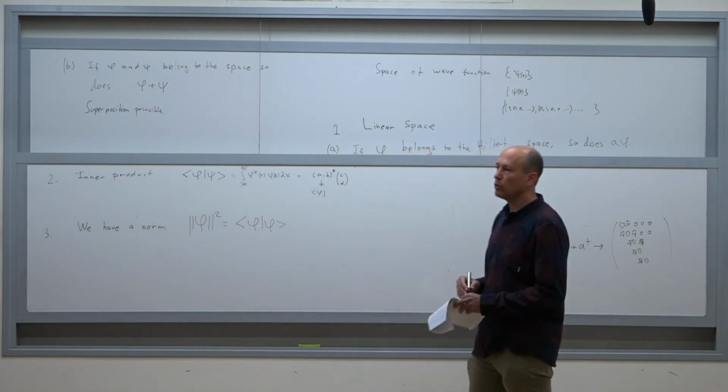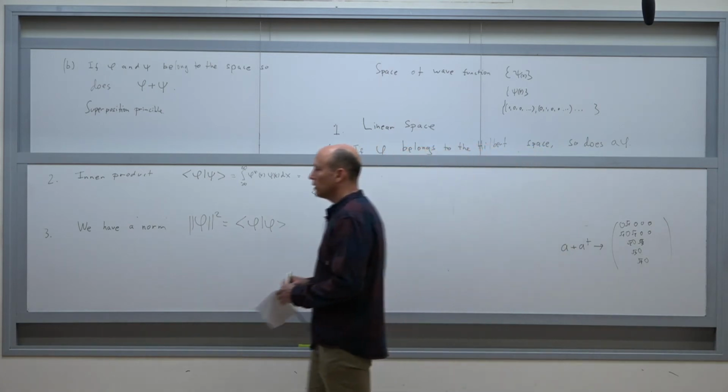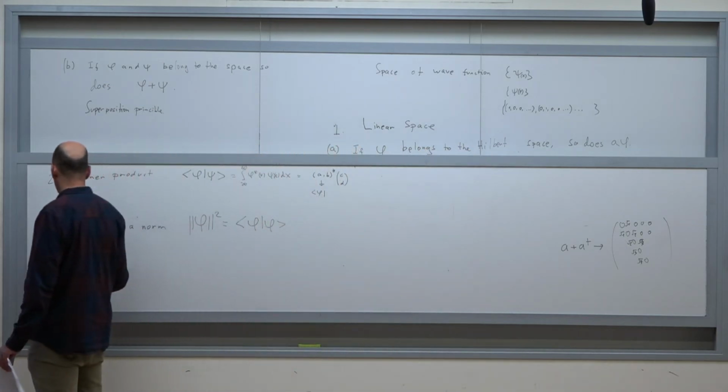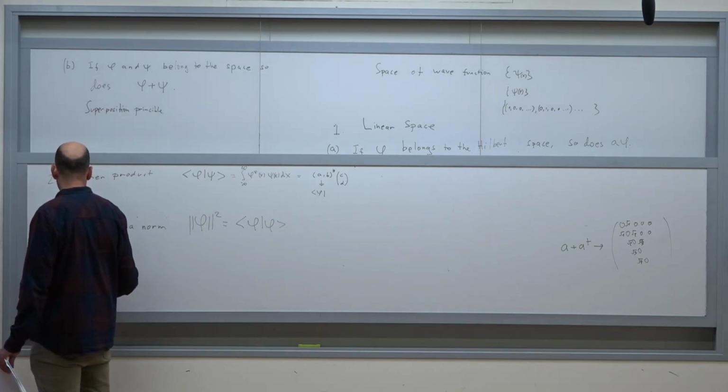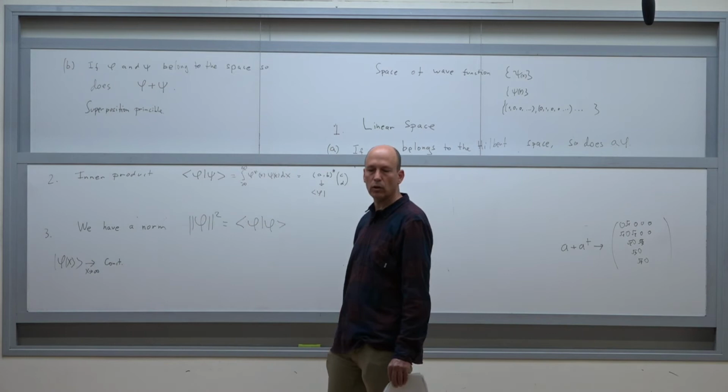This means a lot, actually, about the wave functions. For example, consider a wave function that decays like some power law. Let's say some guy tells you, I have a wave function in space, and when x goes to infinity, or x to minus infinity, it goes like a constant.